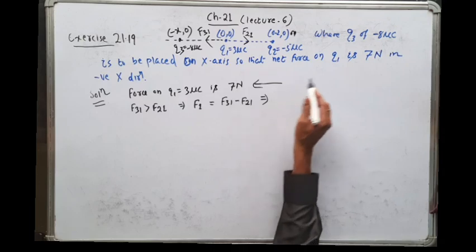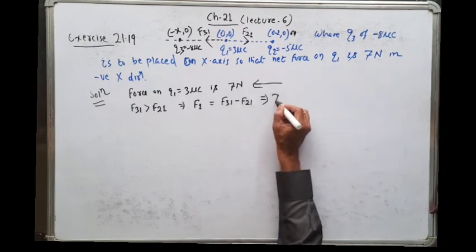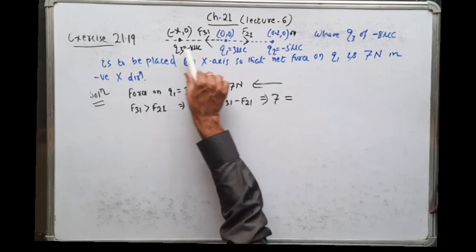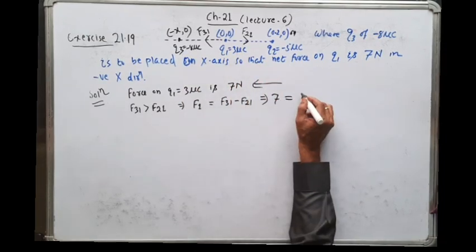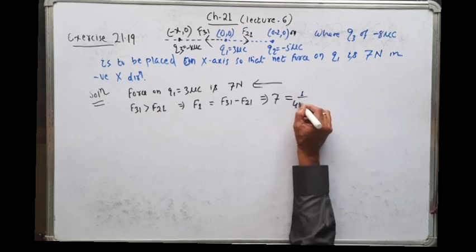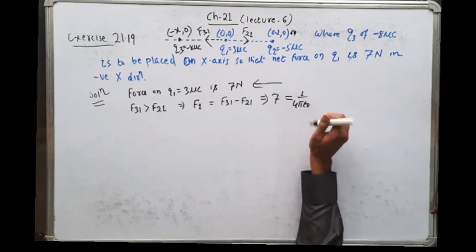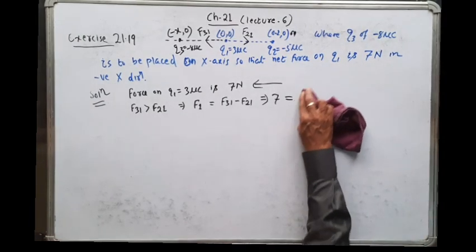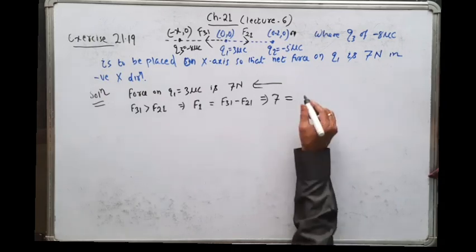But according to the question, what is the net force magnitude? That is 7 Newton. And what is F31? What is the force between Q3 and Q1? So we know K Q1 Q3 by R square, that is 1 upon 4 pi epsilon naught. So you directly write down what is the value of 1 by 4 pi epsilon naught? It is 9 into 10 to the power 9.